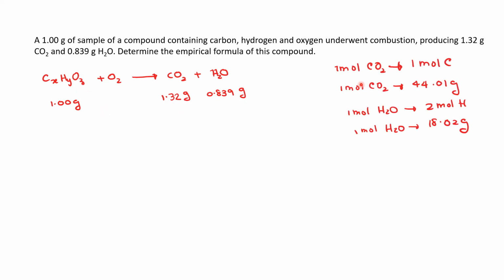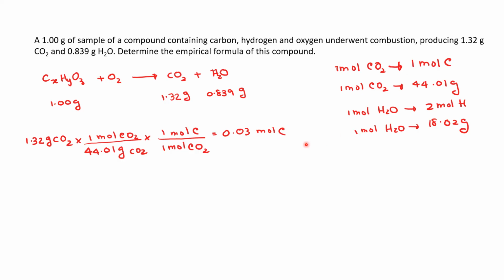We know 1 mole of carbon dioxide has 1 mole of carbon, and this is the molar mass of carbon dioxide. 1 mole of water has 2 moles of hydrogen, and you also use the molar mass of water.